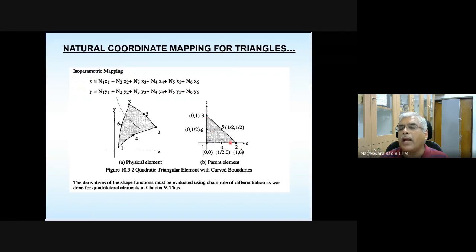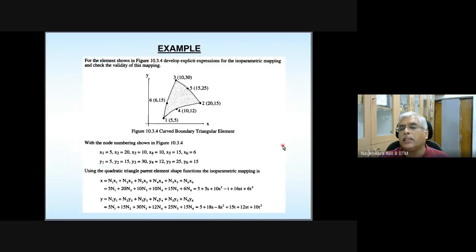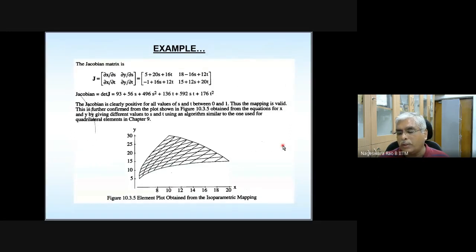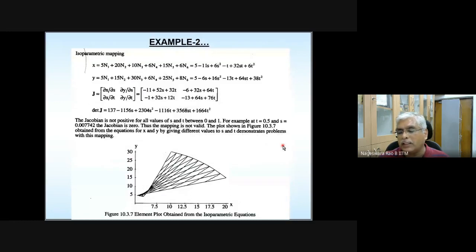For this kind of triangular domain, you need to go back to your 12th class mathematics. If you are coming through JEE, or if it is not, then still it's going to be covered in 12th class mathematics, or if not, in engineering mathematics, it will be there. The limits of integration for this kind of domain are going to be 0 to 1 minus t and 0 to 1.